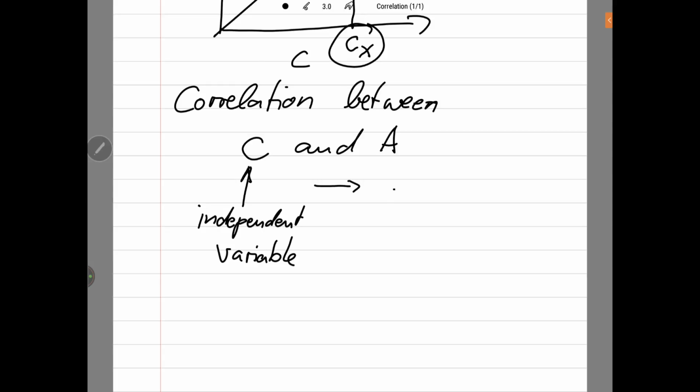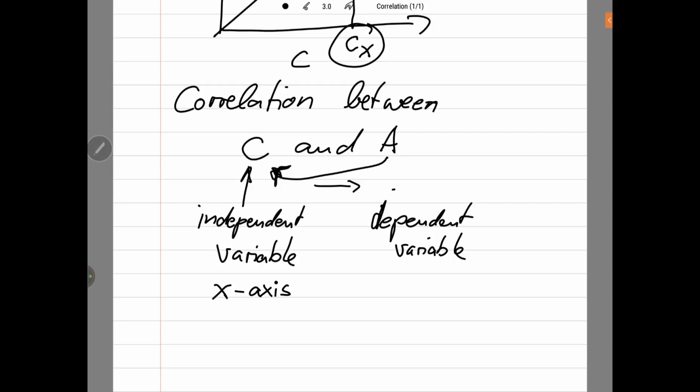Then I do something, and I get my absorbance. In this case, this is called the dependent variable. Dependent on what? Well, it depends on my concentration. Usually, the independent variable is plotted on the x-axis, and the dependent variable is plotted on the y-axis.